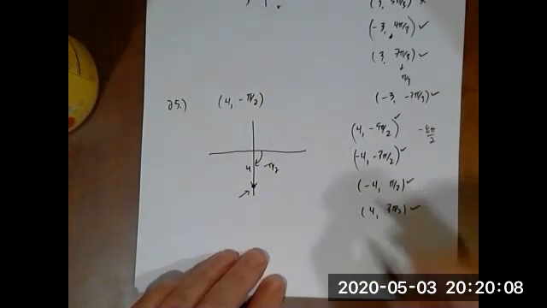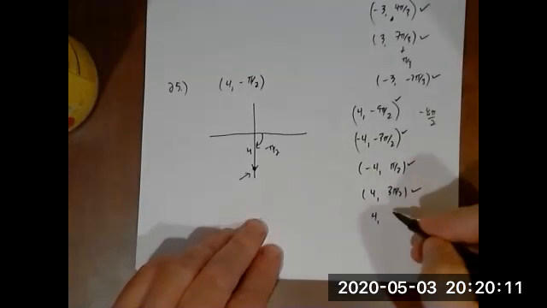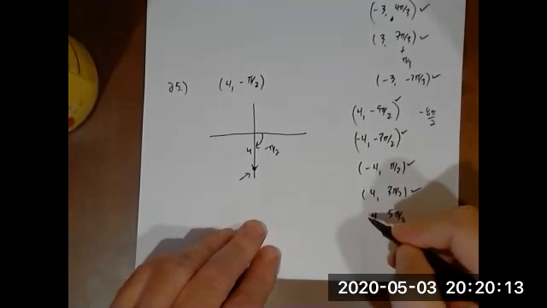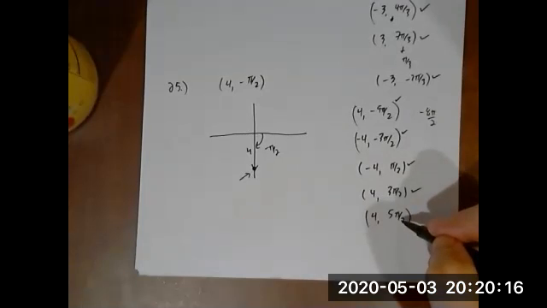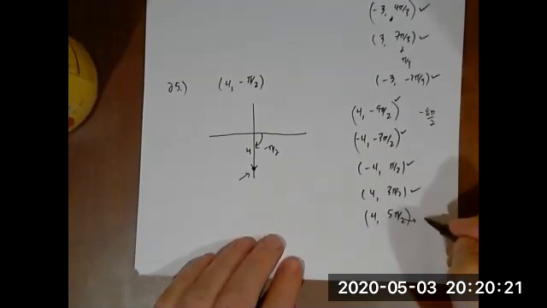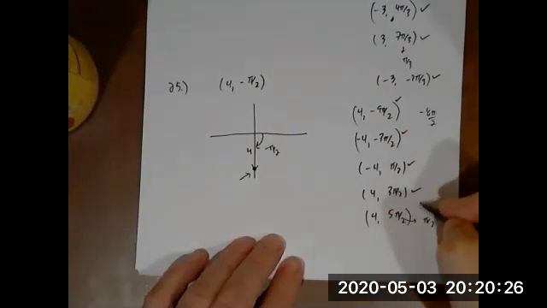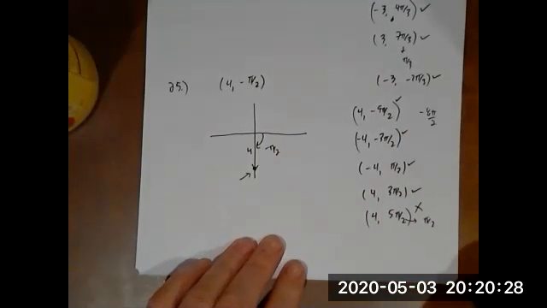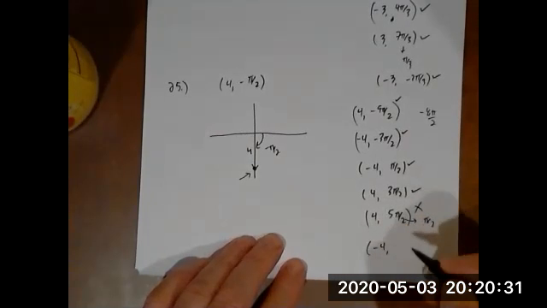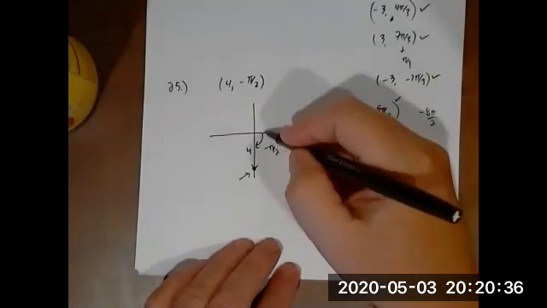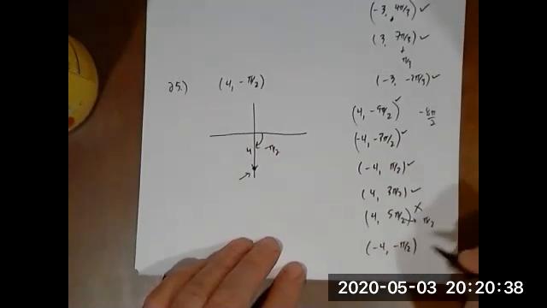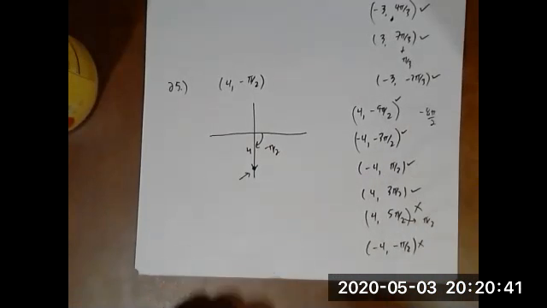How about (4, 5 pi over 2)? 4 pi over 2 is 2 pi, so this is really the same as pi over 2. So pi over 2 is straight up, a distance of 4. That one's not the same. And then (negative 4, negative pi over 2). Negative pi over 2 and negative 4 is also straight up. Looks like the first 4 are the same, but not the last 2.